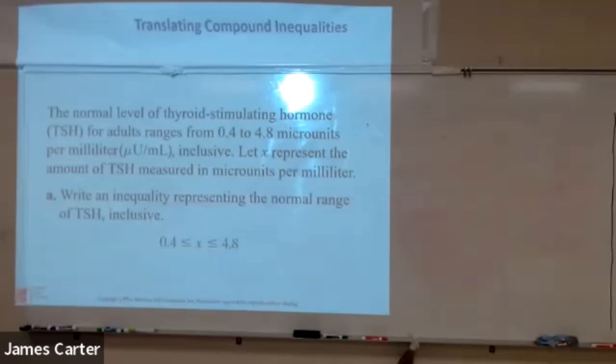So how do we do it with less than? Because right here, when it says from here to there, that means this is the smallest one, the littlest one, and we get bigger until we get to 4.8. 4.8 is the biggest. 0.4 is the littlest.